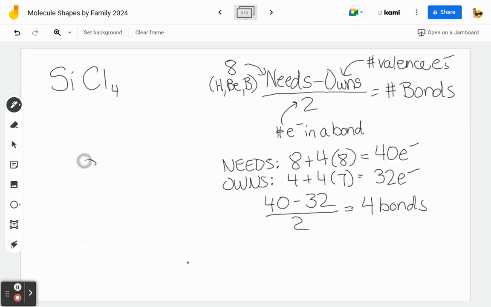So I'm going to put silicon in the center, surround them by chlorines. Remembering owns is the exact number of electrons we need to represent. I'll bond them together, 2, 4, 6, 8.